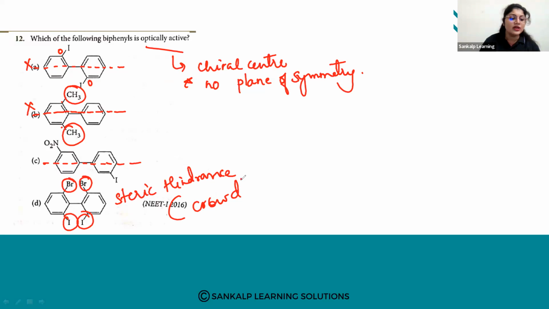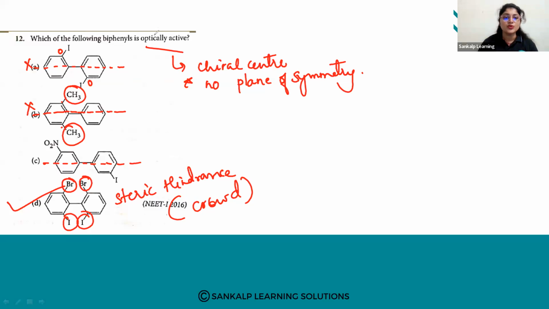These are perpendicular to each other, and they will not be in the plane with each other, therefore they are optically active. If they have a plane of symmetry, they are optically inactive. Here they do not have a plane, so they are optically active. So D is the option.